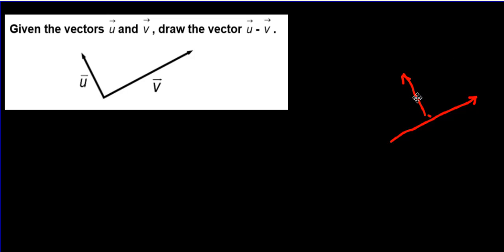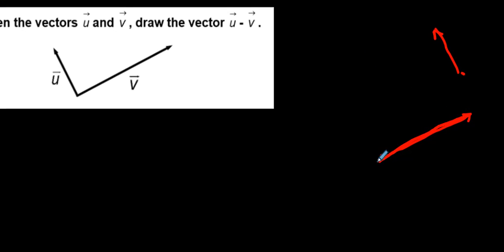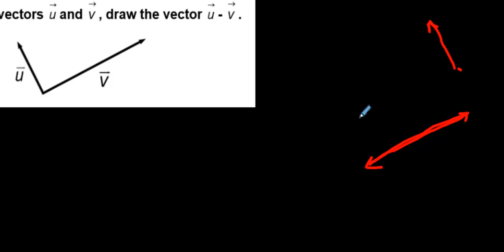Okay? The only thing is, remember, we have to find the opposite of this vector here. So I wonder if I can do this. Draw right on top of here. That's the opposite of the vector, of vector v. Yes, I did. It works. Pretty cool.